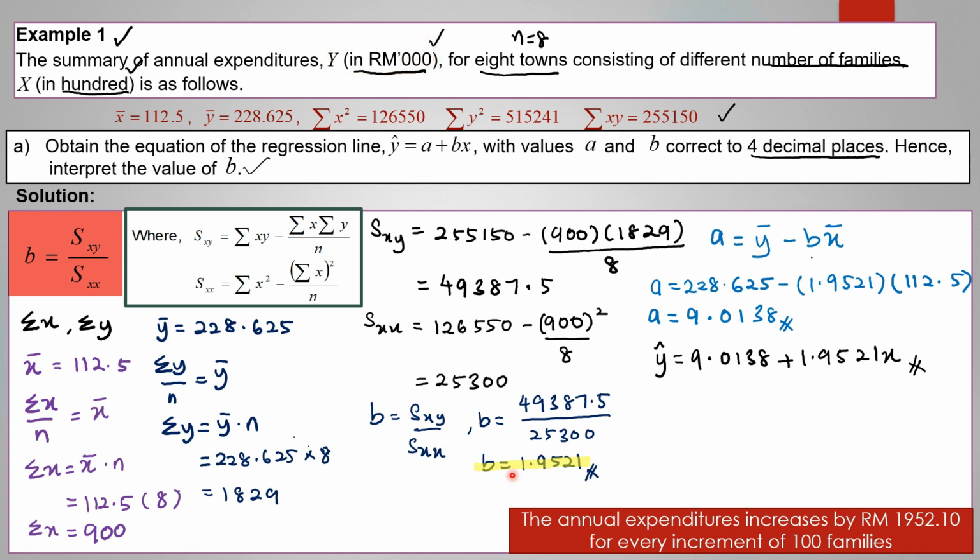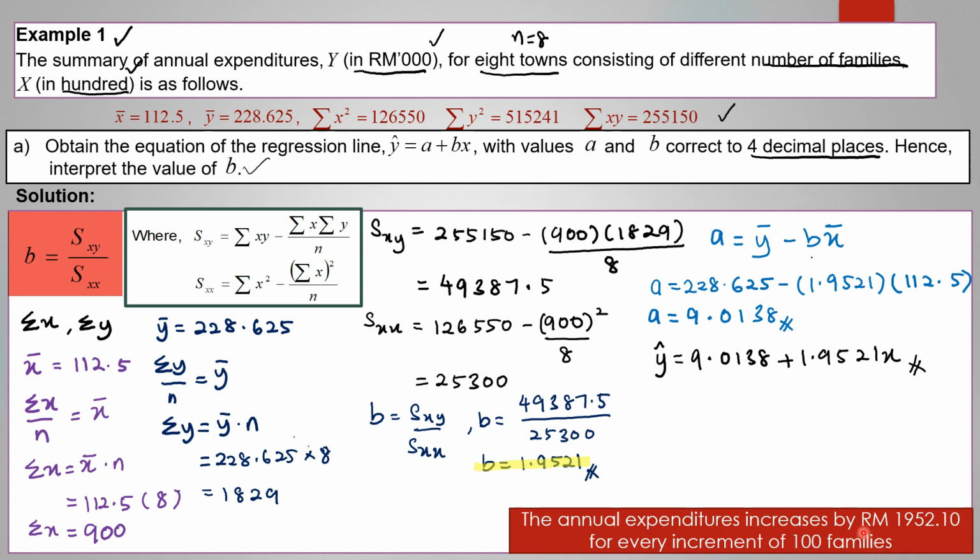So that's why 1.9521 times with 1000 and we will get 1,952 ringgit and 10 cents. For every increment of 100 families, why we have 100 here? Because the X variable, the unit is in 100. So that's why for every increment of 100 families.